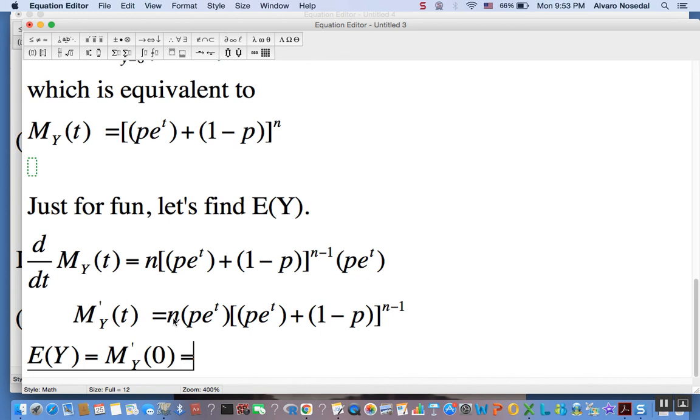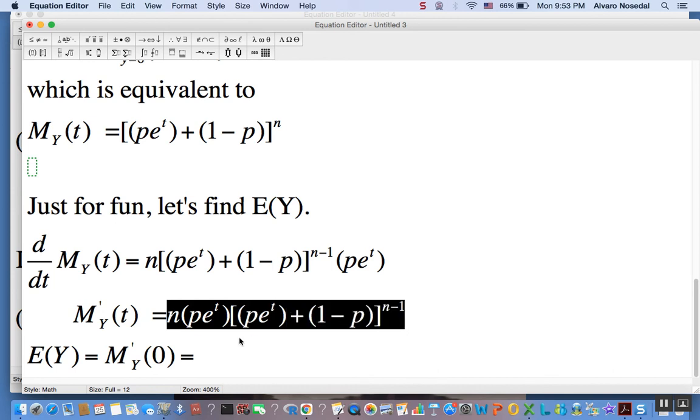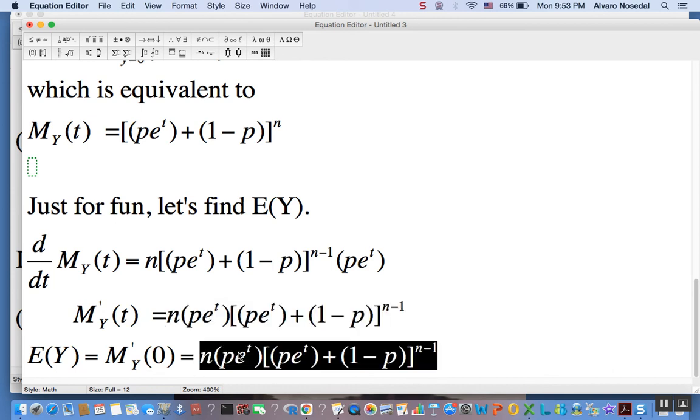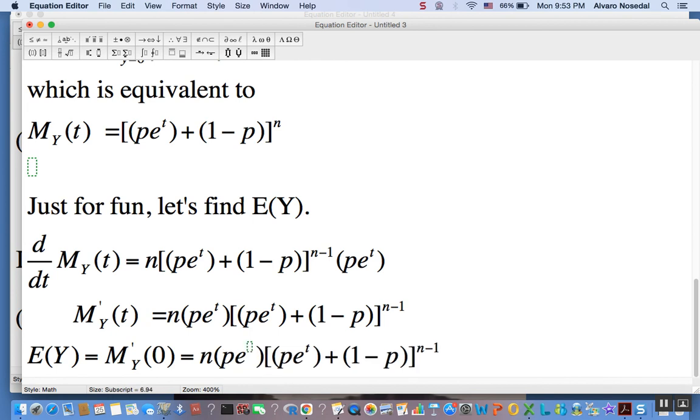And that happens to be n times p e to the power of 0, right? Let's write it down just to be extra careful.